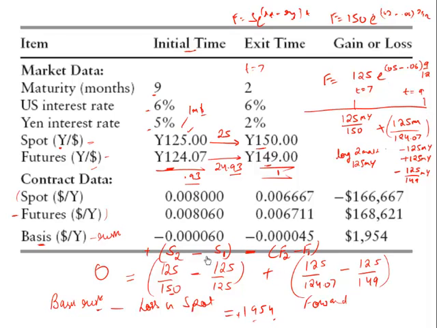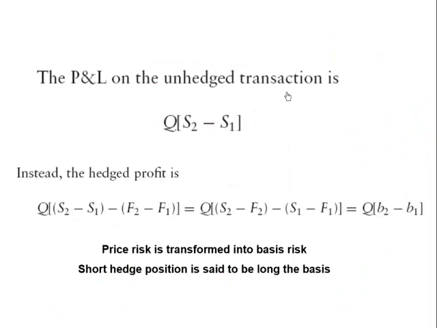So what we say is that by entering a forward contract, what we have done is that we have changed our position from S2 minus S1 to a total return of S2 minus S1 minus (F2 minus F1). This is our net result.